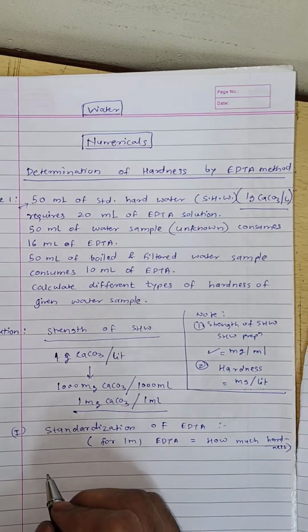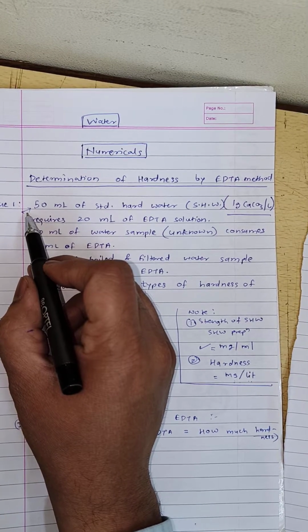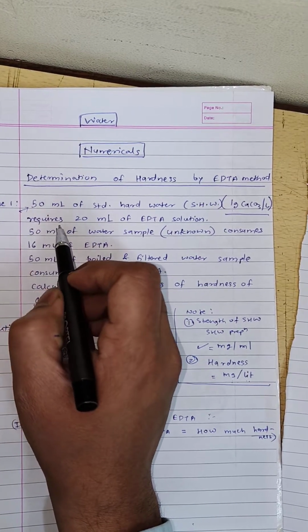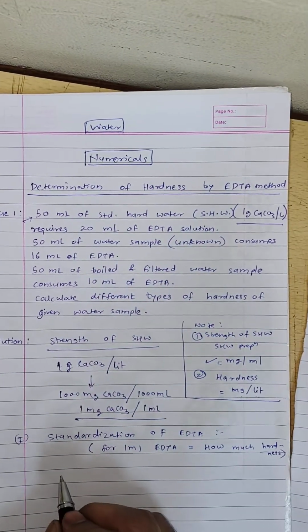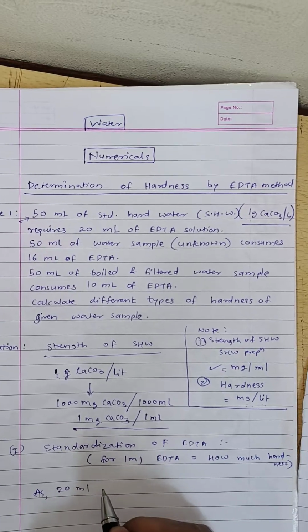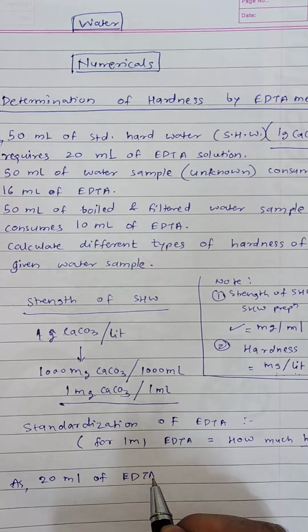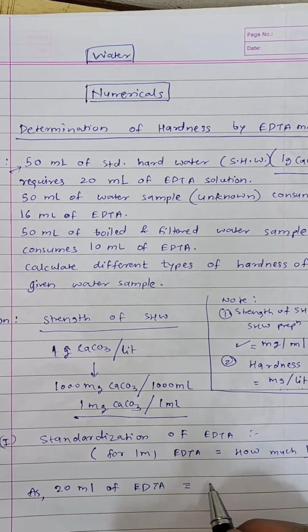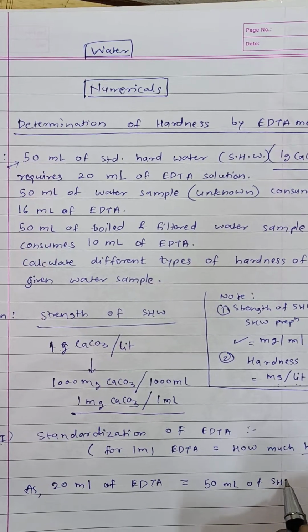Okay, so this is the standard condition. What standard condition have they given in the numerical? 50 ml of SHW requires 20 ml of EDTA solution. So you can write 20 ml of EDTA corresponds to 50 ml of SHW.